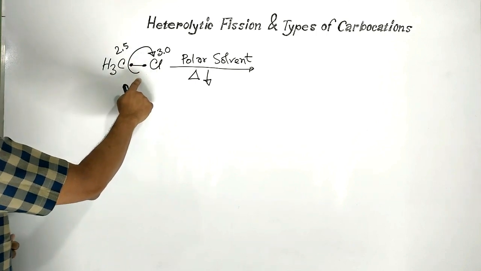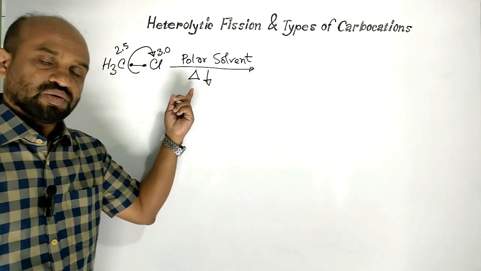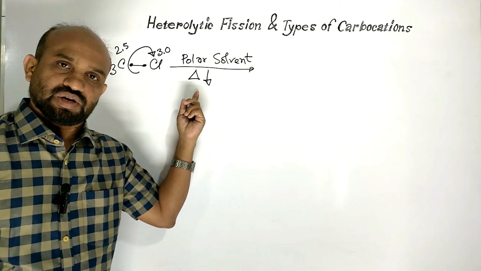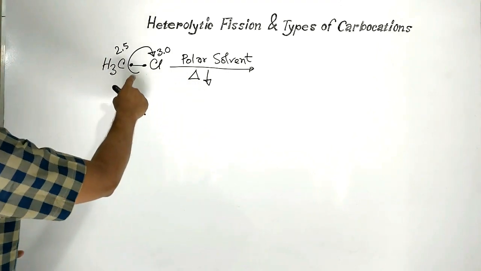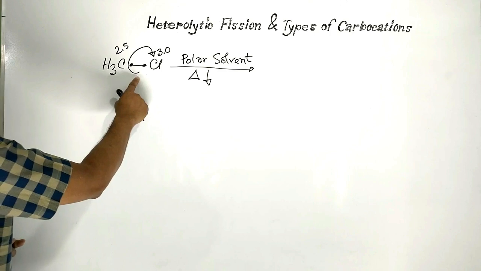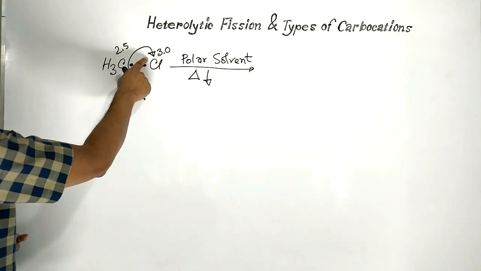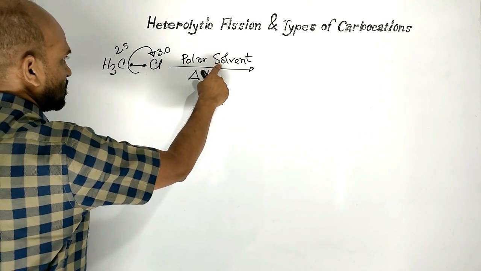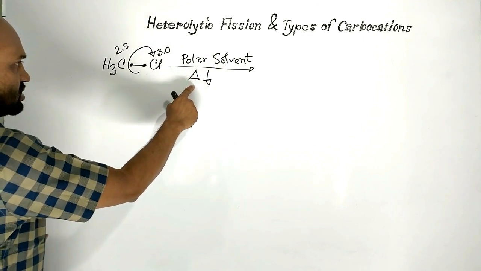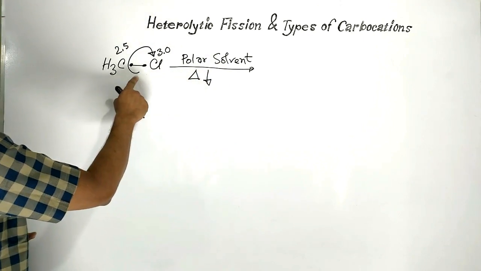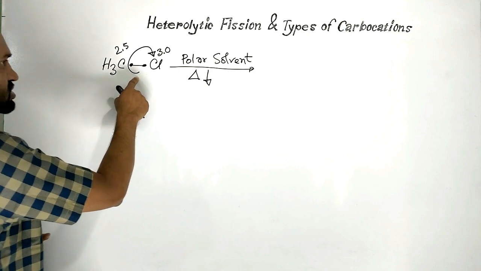arrow is known as curly arrow, which means movement of 2 electrons. This is called curly arrow or double-headed arrow. In presence of polar solvent and at low temperature, this bond breaks in this way.